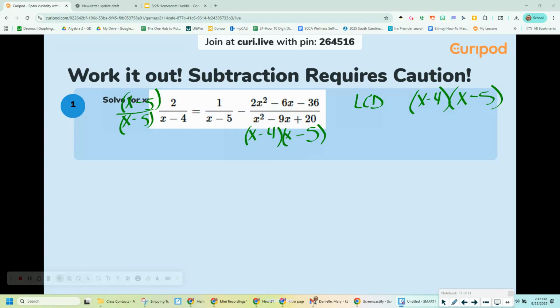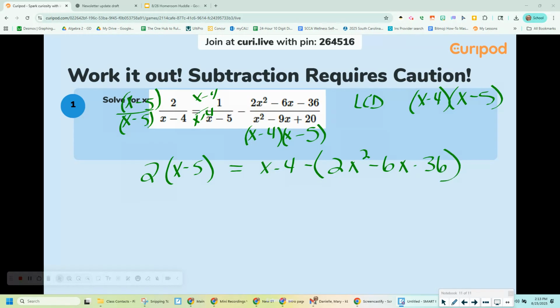The second one has x minus 5, so I need to multiply it by x minus 4. What I have now is 2 times x minus 5 is equal to x minus 4 minus 2x, and I'm going to do this whole thing here because I'm subtracting all of it, 2x squared minus 6x minus 36. All of it.